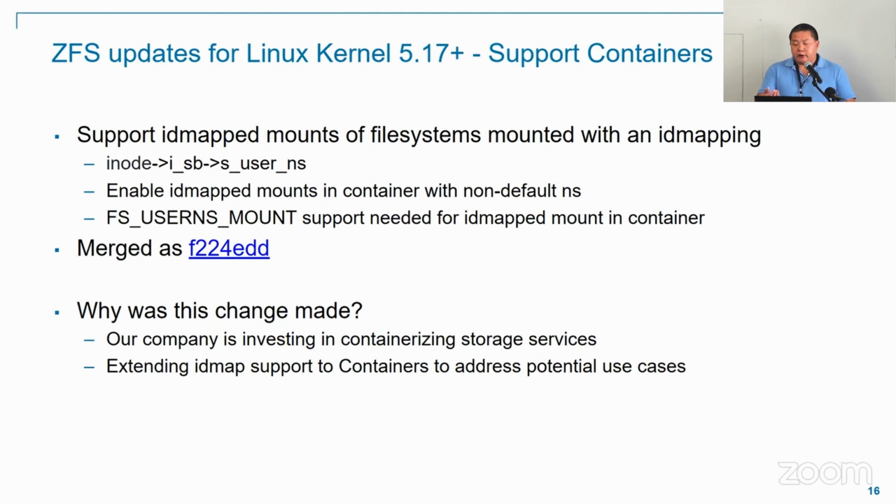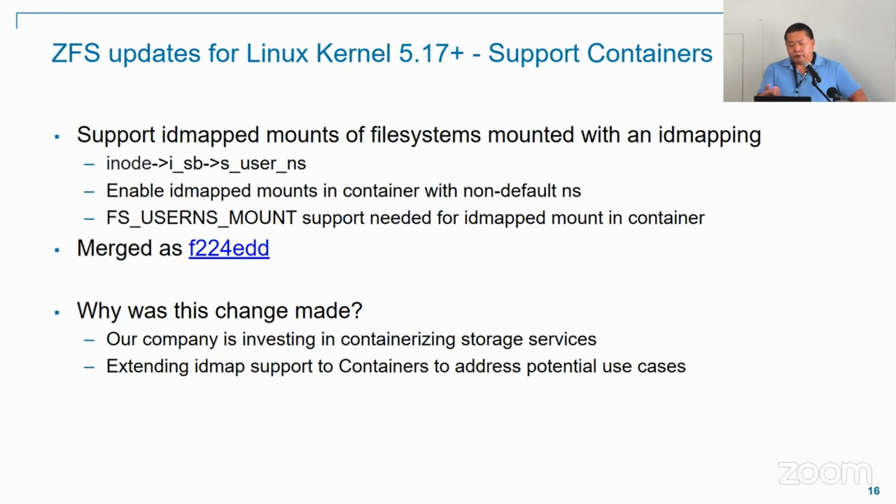The basic idea is to take advantage of the new kernel function which does this translation. So now instead of only having one ID map, you have two ID maps to take care of. You have an ID map attached to the superblock, and you have another ID map for the mount point.